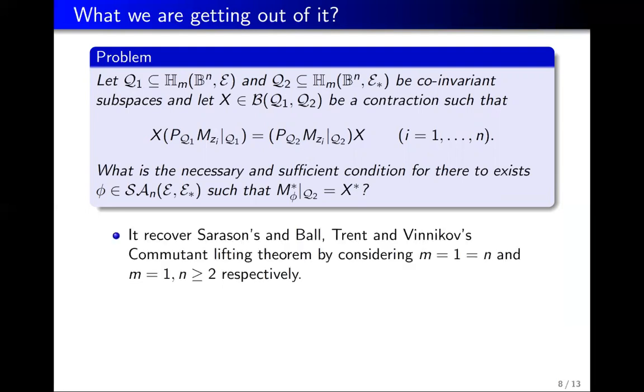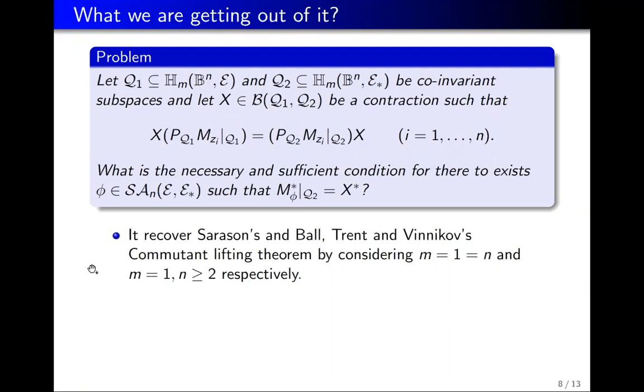As you have seen, if you take m and n both equal to 1, you are on the Hardy space, and therefore it will recover Sarason's commuting lifting theorem, which we talked about. And in this case, there is no restriction because the Schur-Agler class is the same as the unit ball of the multiplier space. And if you take m equals 1 and n bigger, then these weighted Bergman spaces are the Drury-Arveson space.